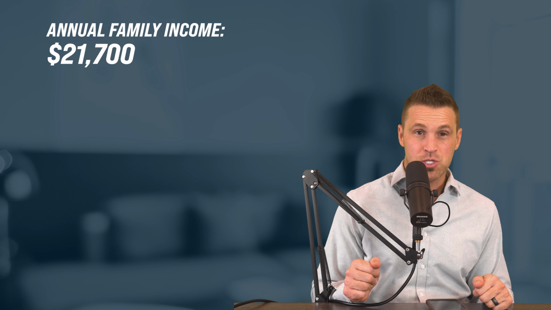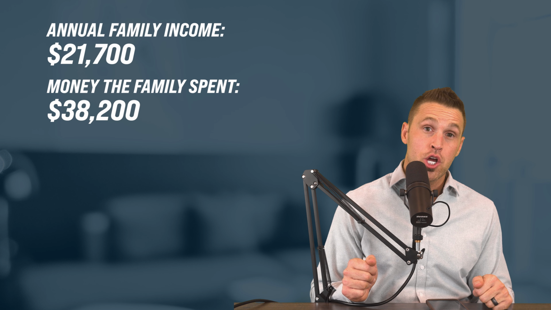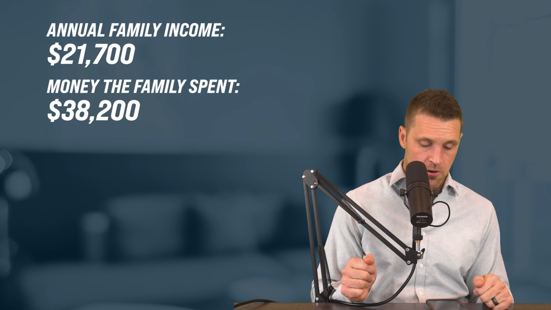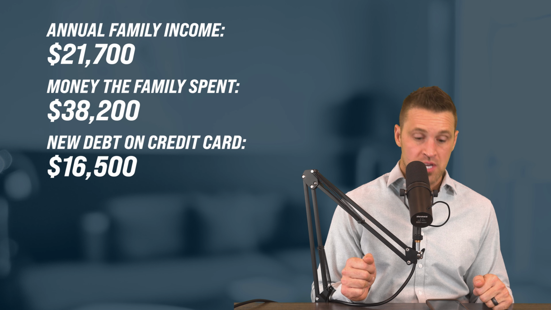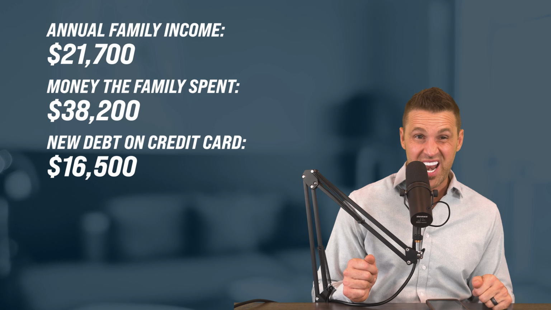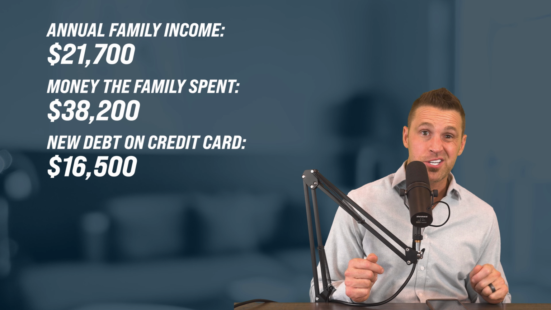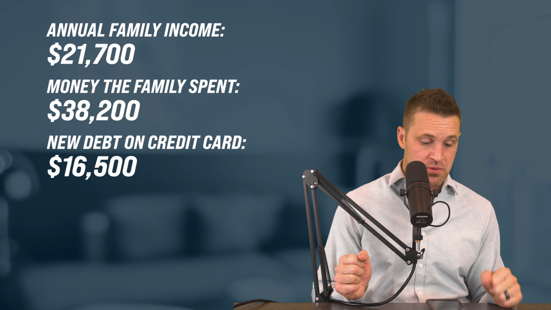You guys spend, because you guys have a spending problem, $38,200 per year. That means you gotta go ahead and you gotta put on your credit cards the $16,500, which is the difference between how much money you bring in the door and how much money you spend on all the things that are your budget that you need.